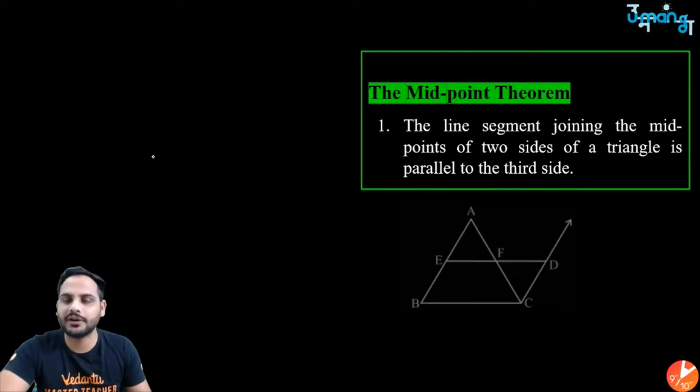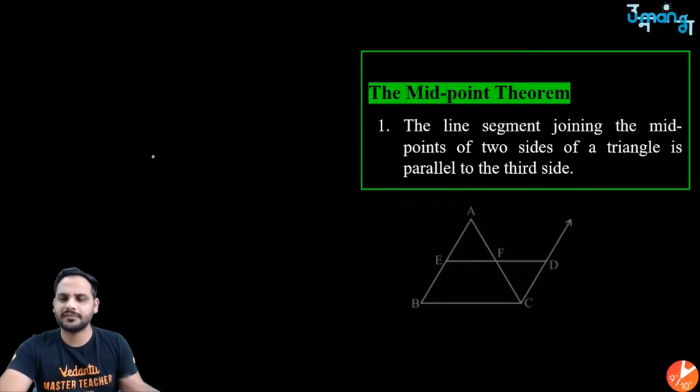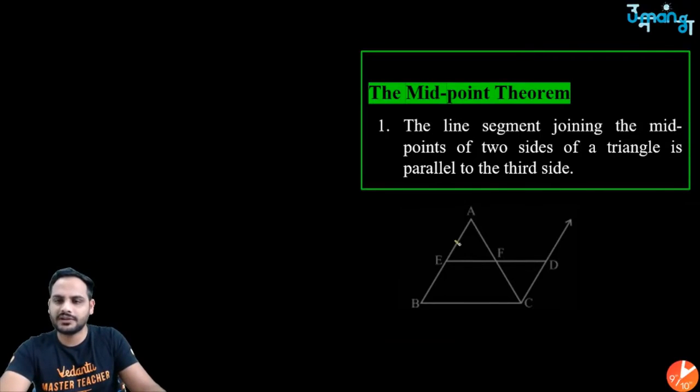After that there is the midpoint theorem. So what does the midpoint theorem say? It says a very simple thing. Suppose E is the midpoint of AB, F is the midpoint of AC. If I draw a line joining these midpoints, EF, then the line joining the midpoints of any two sides of a triangle will be parallel to the third side. That means the side which we have not involved yet.